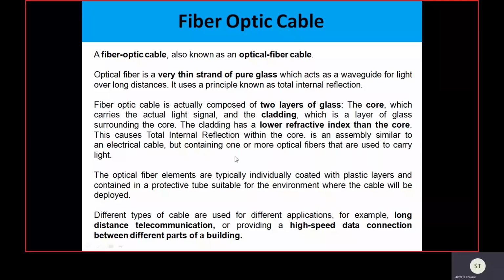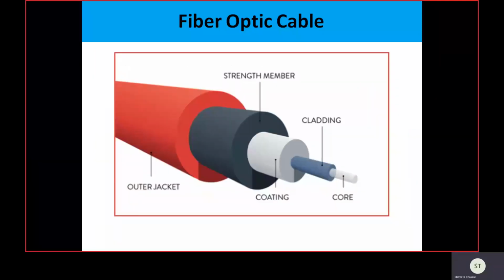Basically, the fiber optic cable is used for long distance telecommunication and high speed data connection between different parts of a building. And this is the pictorial representation of the fiber optic cable with the core and cladding arrangement. What are the advantages of fiber optic cable?